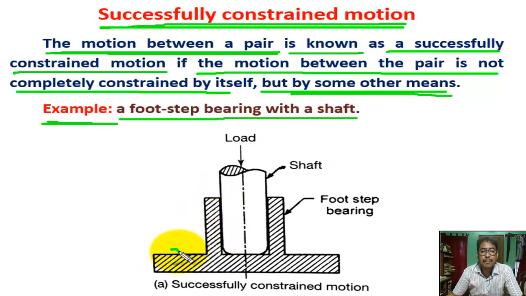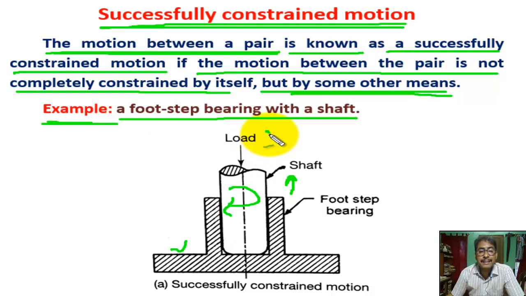This is the footstep bearing, this is the shaft. Here the shaft may rotate in this bearing, and may also move upward. Two motions are possible between the shaft and the bearing: the rotating motion of the shaft and the upward movement of the shaft. So this is an incompletely constrained motion.